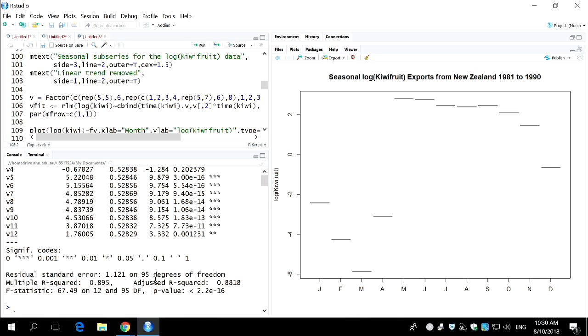The Model 1 summary gives me an adjusted R squared of 88%. How about Model 2? So I've saved 5 parameters, and I've got the same adjusted R squared.